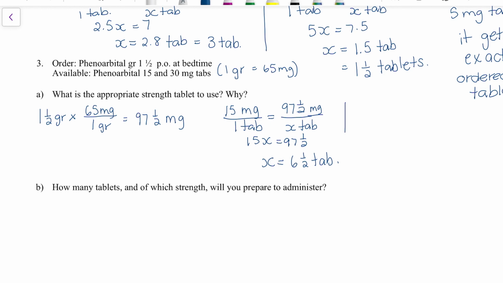Let's see what the 30 milligrams tabs does. Cross multiply.